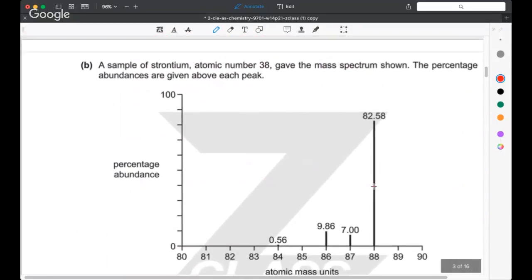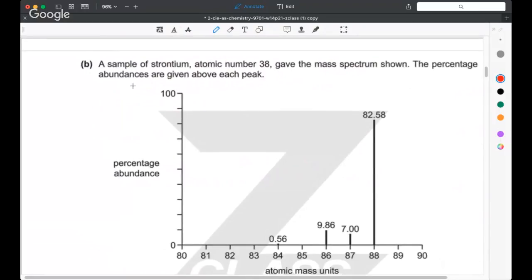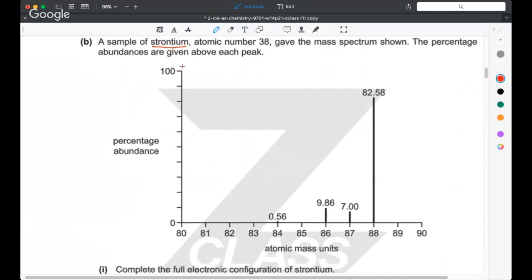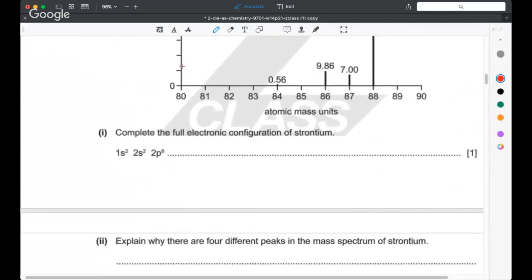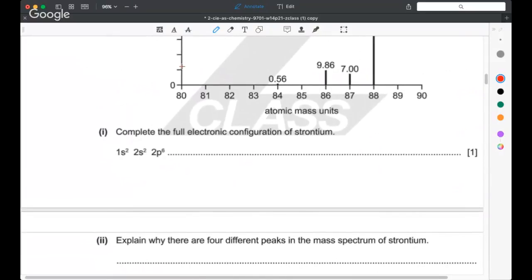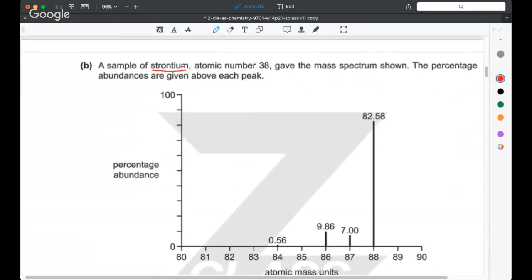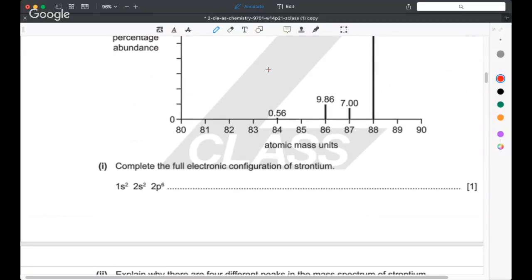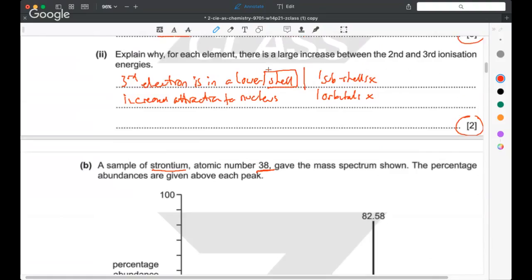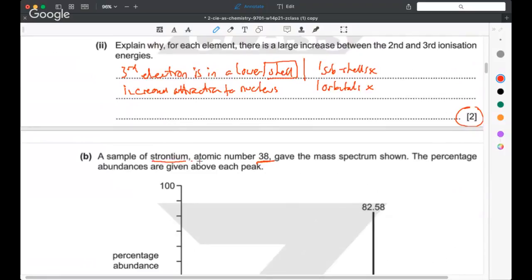All right, so we're looking here at a mass spectrum for strontium. The next step is to give the full electronic configuration for strontium. It tells you that strontium has atomic number 38, so that's the number of protons.